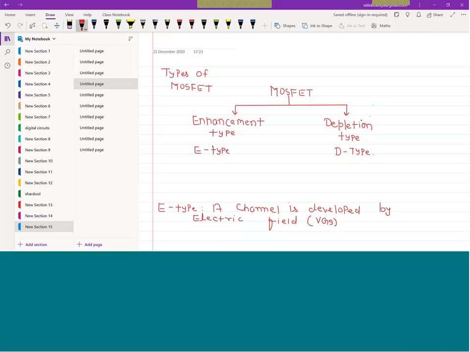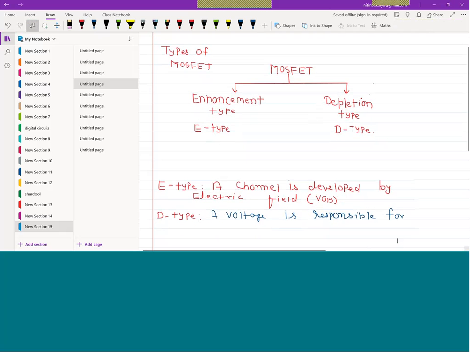And one more is the D-type MOSFET, where the voltage is responsible for depletion of a grown channel.